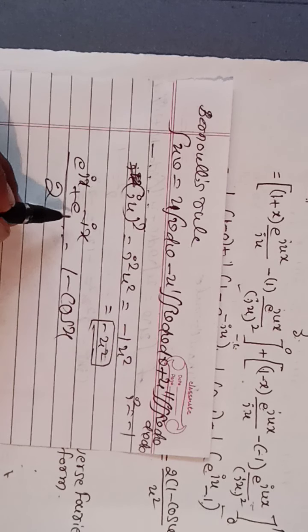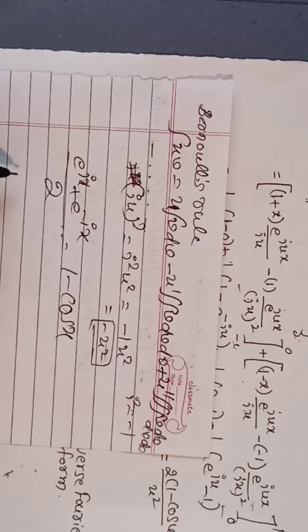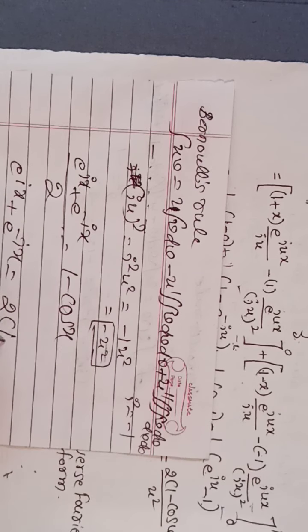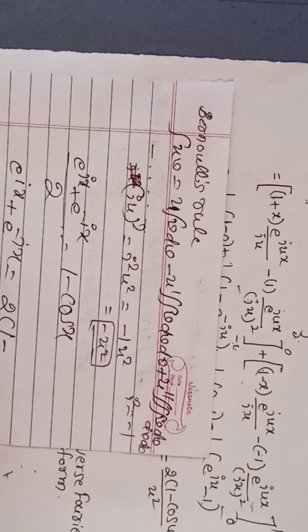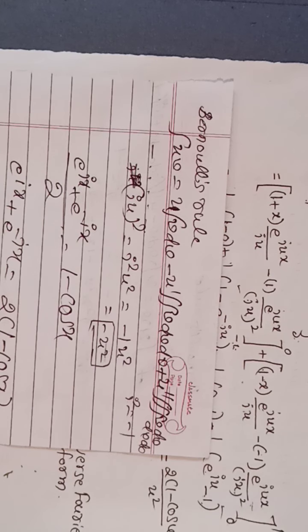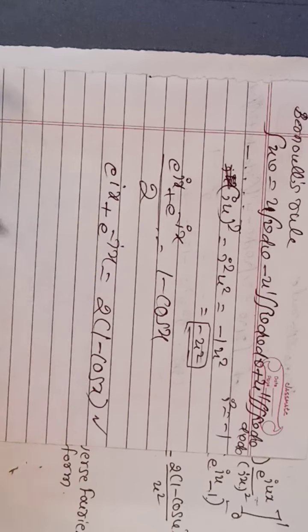Or e raised to ix plus e raised to minus ix is equals to 2 into 1 minus cos x.